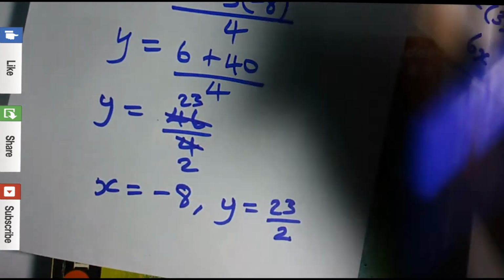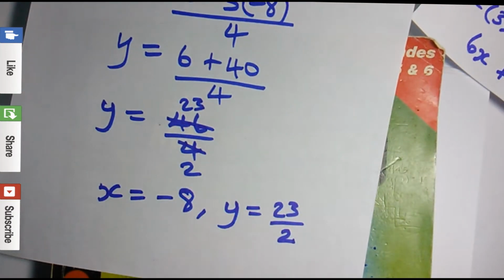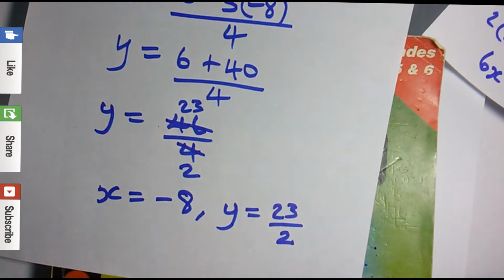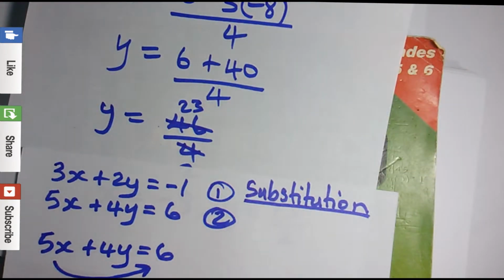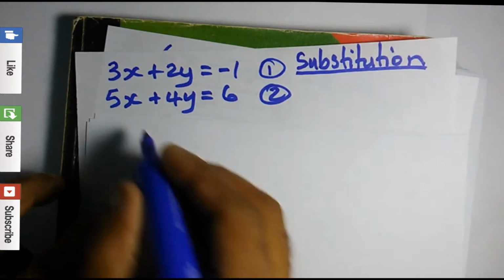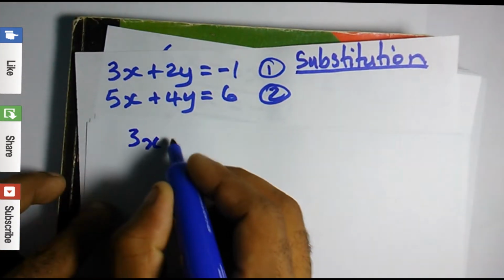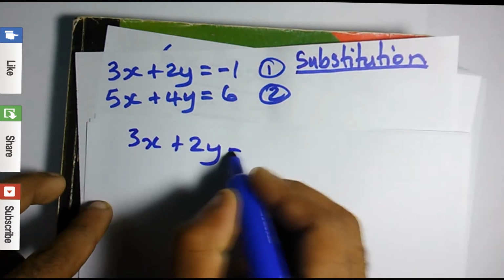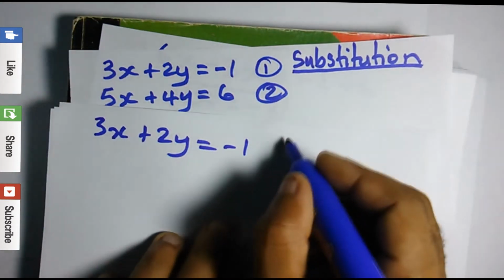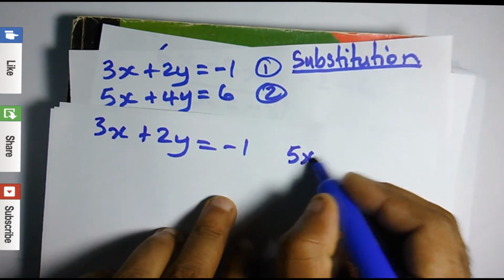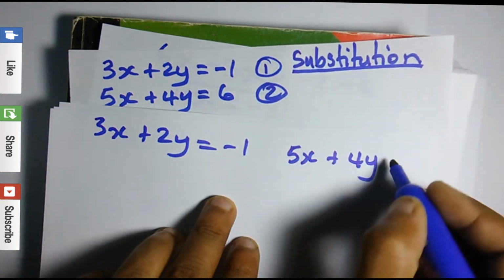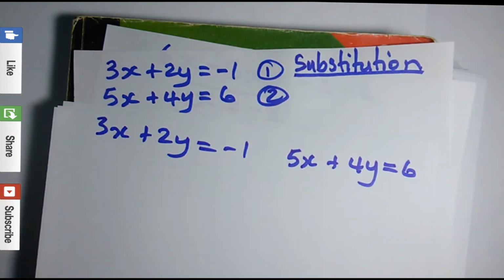Now, if you're doubting the answers, we can always check to see if our answers are correct. Remember, the original equations were 3x plus 2y equals negative 1, and 5x plus 4y equals 6.